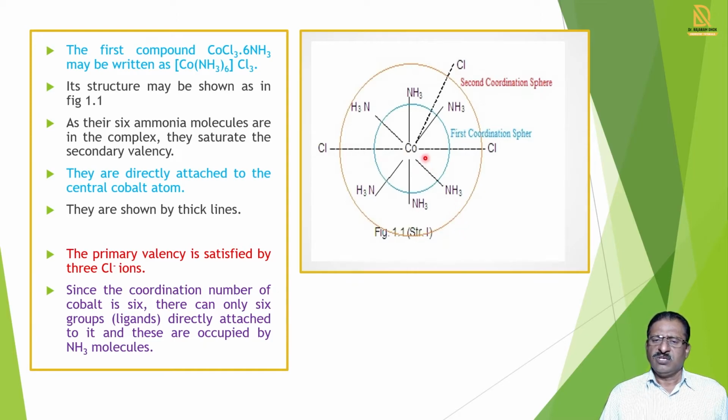In this, Co is attached with 6NH3. It satisfies the coordination number, and so that is called the first coordination sphere. Then Cl is in the second coordination sphere and is indirectly attached to the metal.